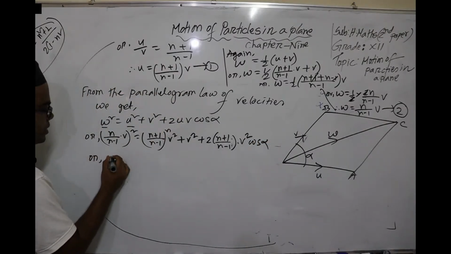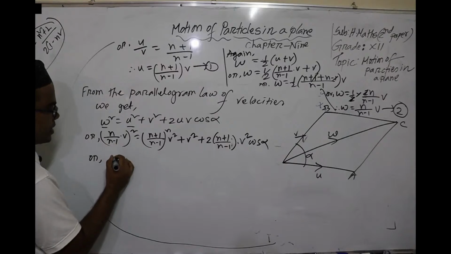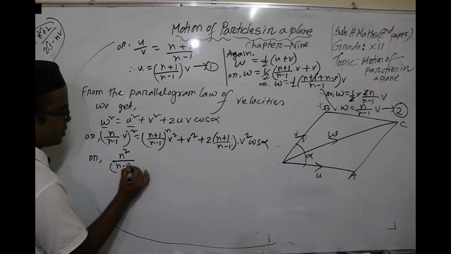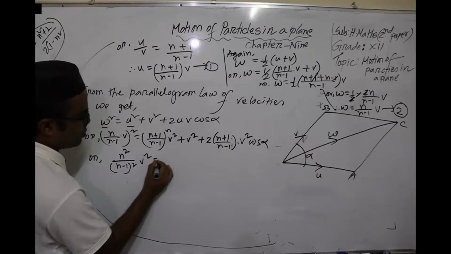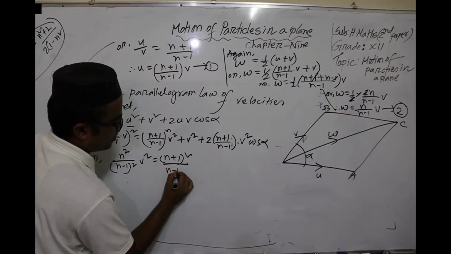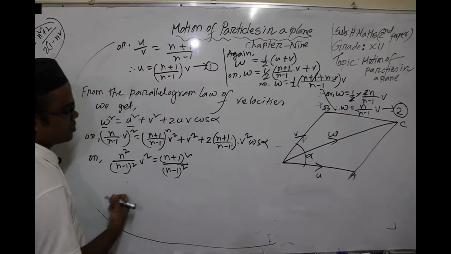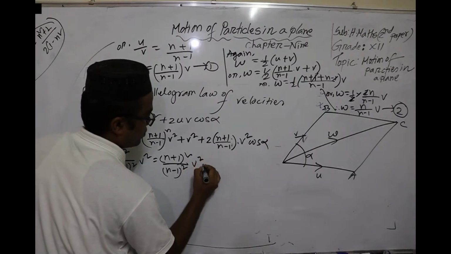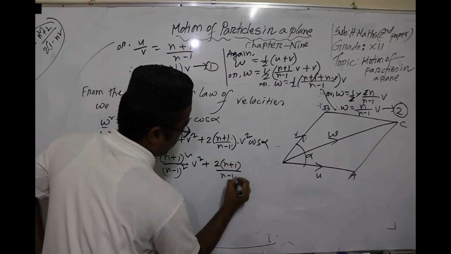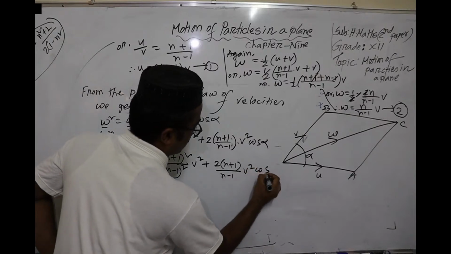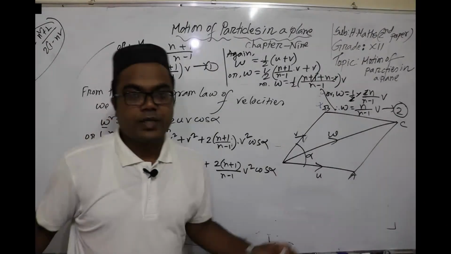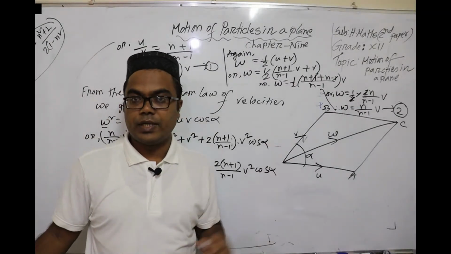Okay, now you can take out the bracket. We will get n square by (n minus 1) whole square v square equals (n plus 1) whole square by (n minus 1) whole square v square plus 2 into (n plus 1) by (n minus 1) v square cos alpha. This one is very easy, just simplifying. If you simplify this one, then easily you'll get the result.